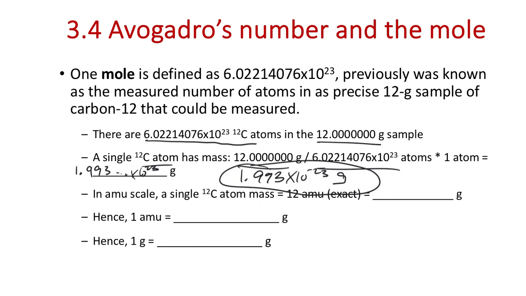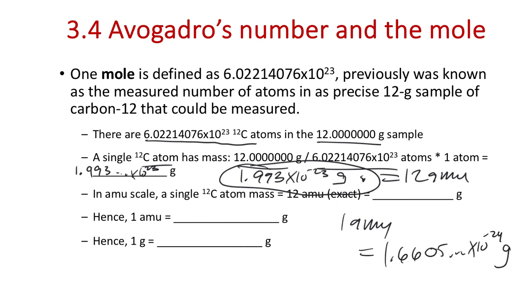And then what we do with the AMU scale is we say that this mass is equal to 12 AMU. So that's the connection between AMU and grams. If I divide the number on my calculator by 12, that gives me the AMU to gram conversion: 1 AMU is equal to 1.6605 times 10 to the minus 24 grams.